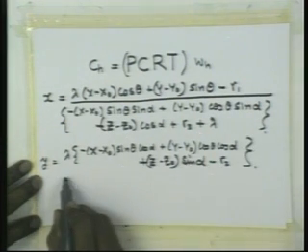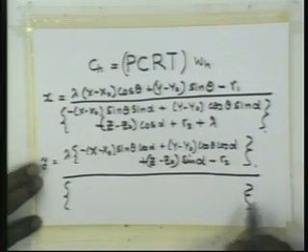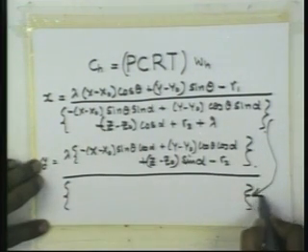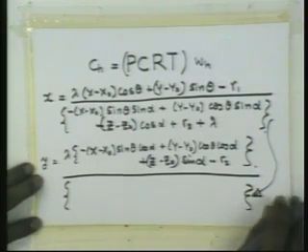This is the numerator; the denominator remains the same. Okay, so this is the kind of relationship that you will get when we are looking at a camera which is not coincidental with the image plane axis.